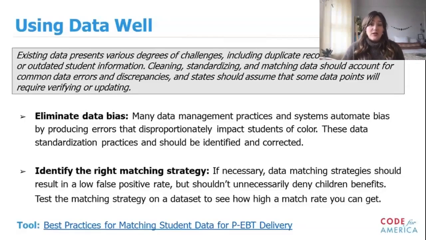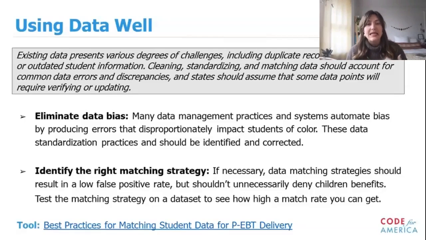It's also really critical to note that many data management practices and systems automate bias by excluding or auto-correcting names that have accents, for example, or disallowing dual surnames or hyphenated names, which occur more commonly in non-Anglo cultures and languages.